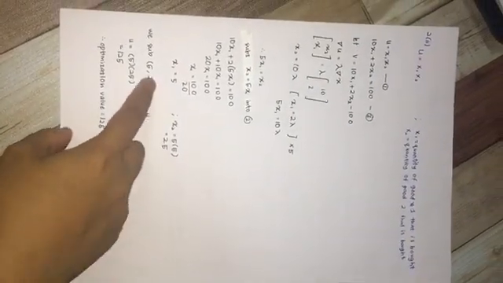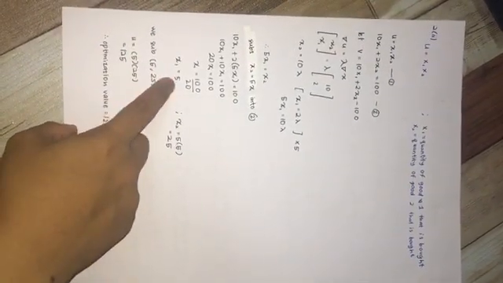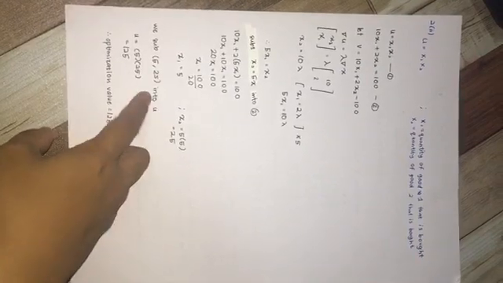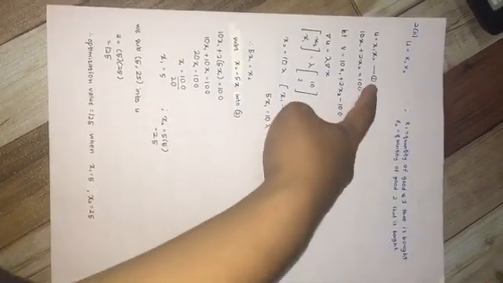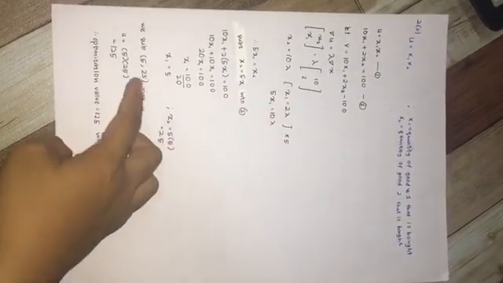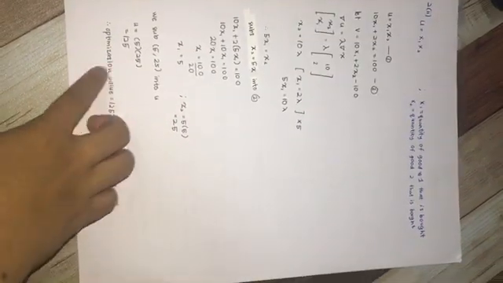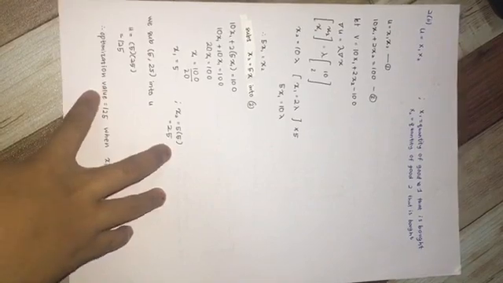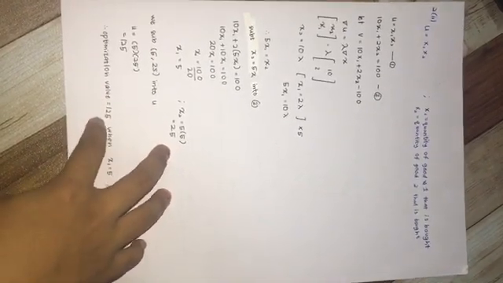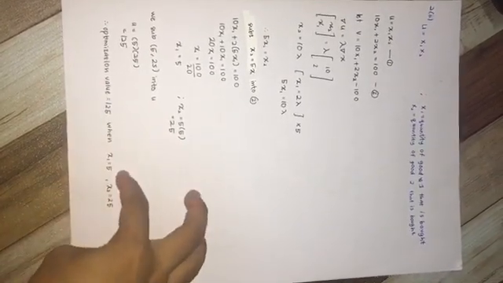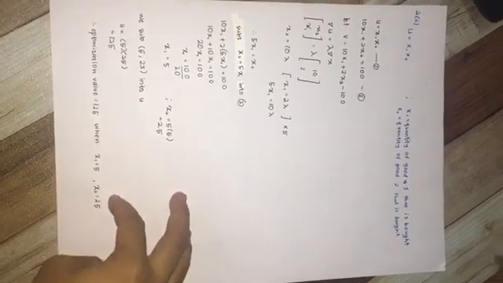Then we substitute the values of x1 and x2 into u, which is equation 1. Then we will get u is 125. So the optimization value is 125 when x1 equal to 5 and x2 equal to 25.